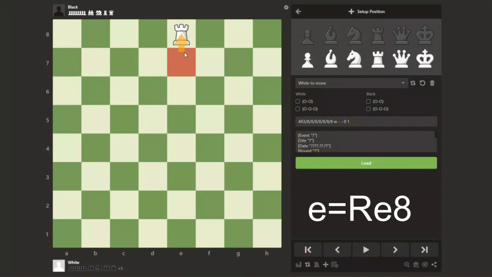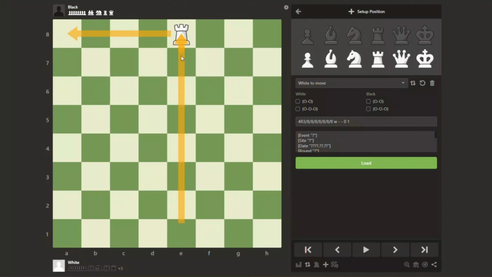And then we will write the piece name. For example, the piece is this rook. The symbol of rook is capital R. So E is equal to R, E8. After promoting, we have to mention the square the pawn is on as well.